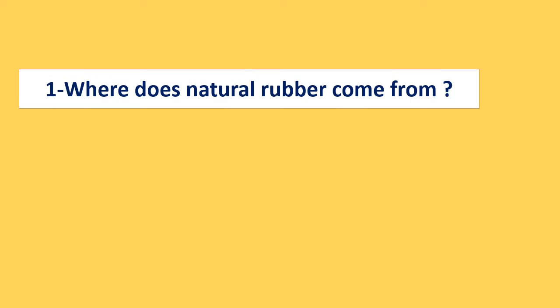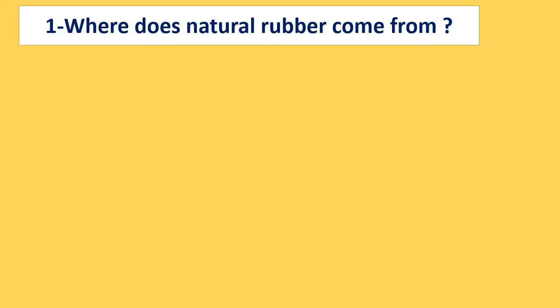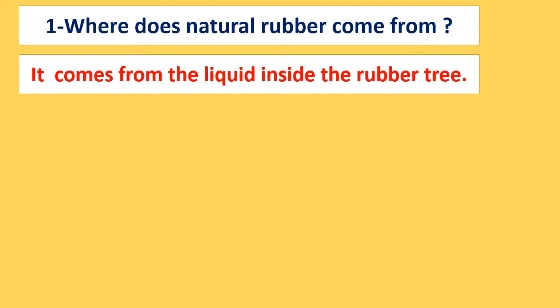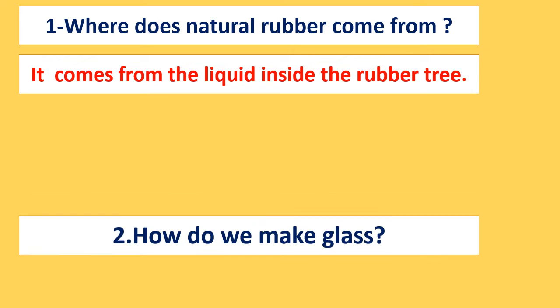Now we have some questions about the texts we have listened to. Number 1. Where does natural rubber come from? Do you know? It comes from the liquid inside the rubber tree. Okay. Number 2.